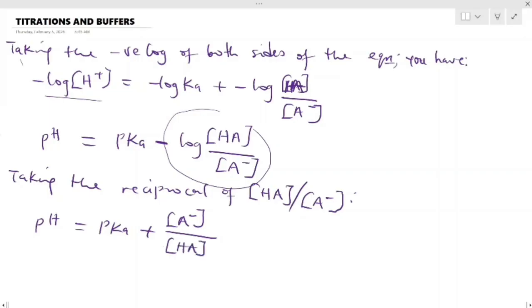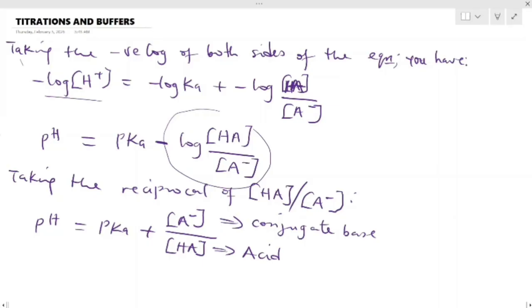And this concentration A minus here represents what? The conjugate base. Whereas this HA here, of course, is your acid, that is the reactant that gave out a proton.